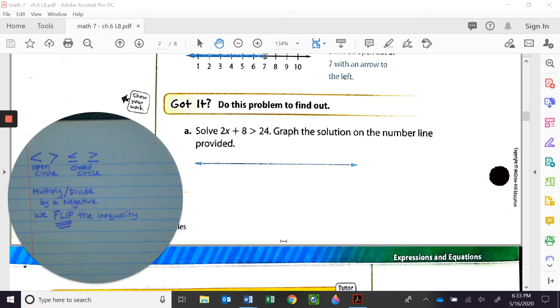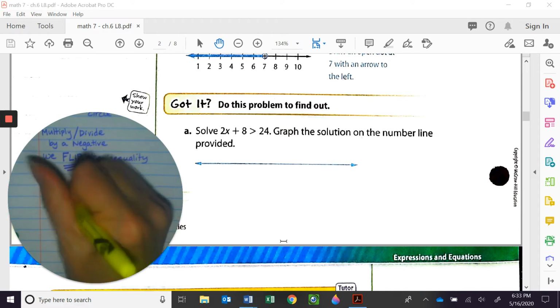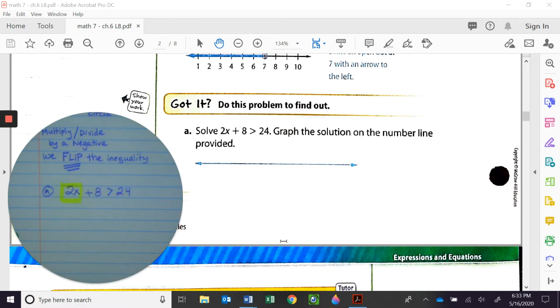All right, so let's look at an example ourselves. So 2x plus 8 is greater than 24. Okay, so remember, we do not touch our variable until we get rid of that positive 8. So we're going to subtract 8 from both sides. So now we have 2x is greater than 16. Then we can divide by 2.